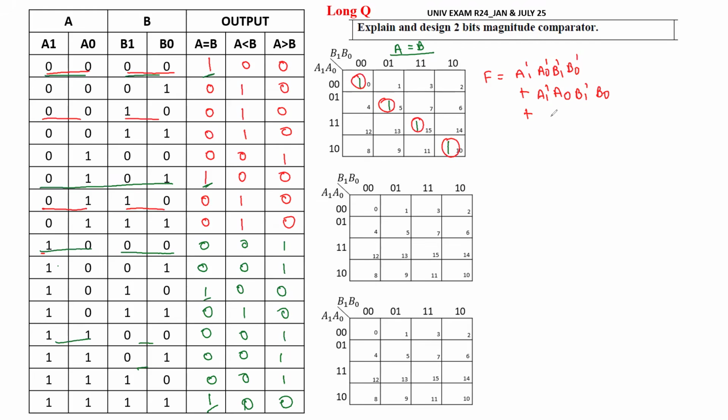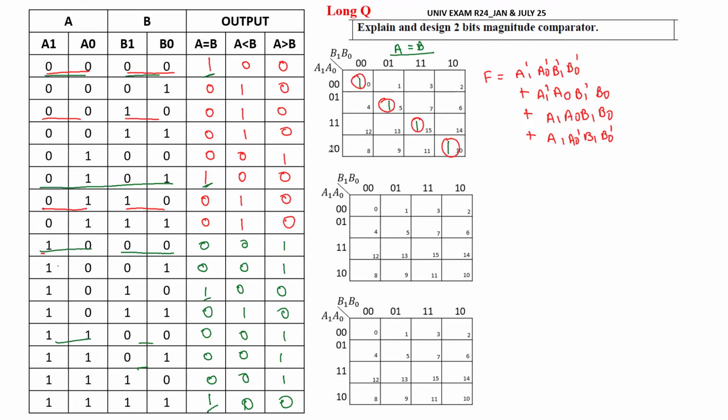Third one you have A1 A0 B1 B0, and fourth one A1 A0 dash B1 B0 dash. Now in this again, what are the common terms, that all you can arrange, okay, and you make the proper function.